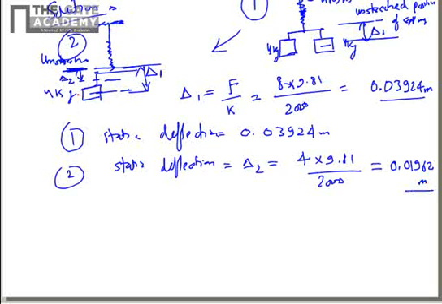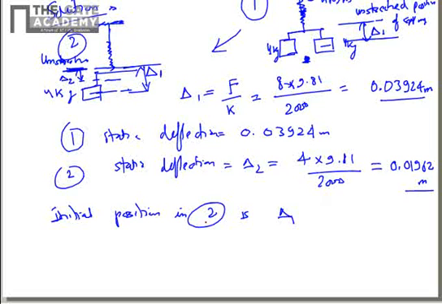So the static deflection is delta 2. Now the initial position of the mass in system 2 is delta 1, because that was the deflection under the influence of both the masses. And since one mass is suddenly removed, the initial position will not change instantaneously.